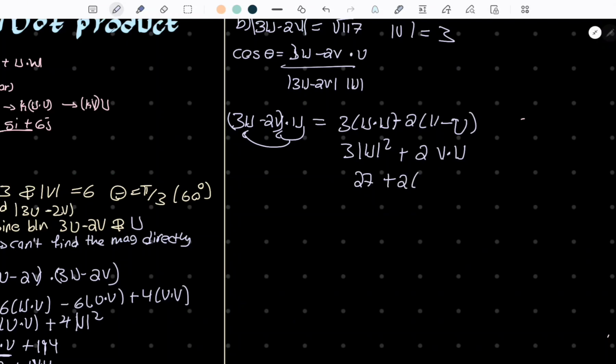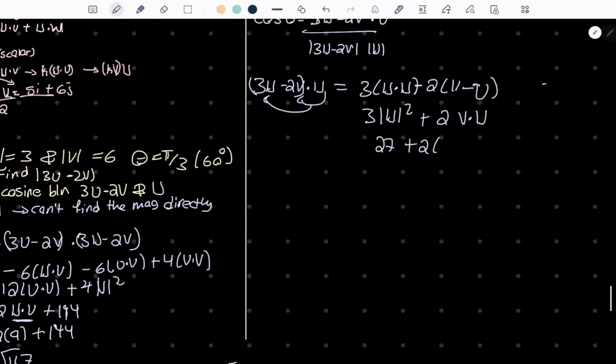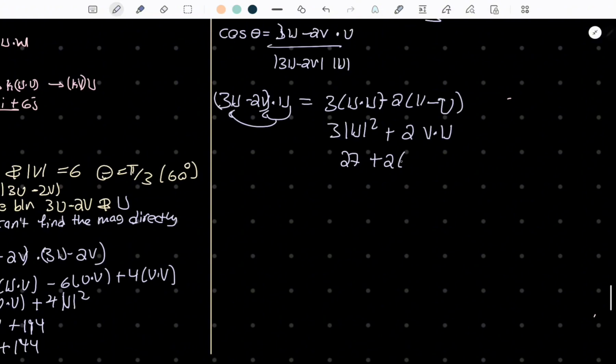We already calculated the dot product before, which is 9. 9 times 2 is going to be 18. So 27 minus 18 is going to be 9. Then we're going to basically do the question, which is 9 over root 177 times 3.